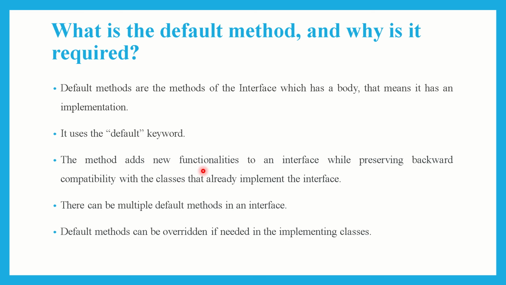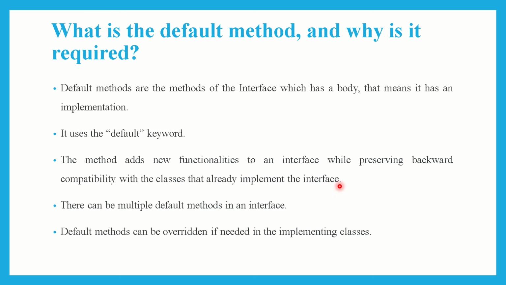The method adds new functionality to an interface while preserving backward compatibility with the classes that already implement the interface. That means whenever you add a new method to an interface, you need not give the implementation of that method to all the classes which have implemented it previously.